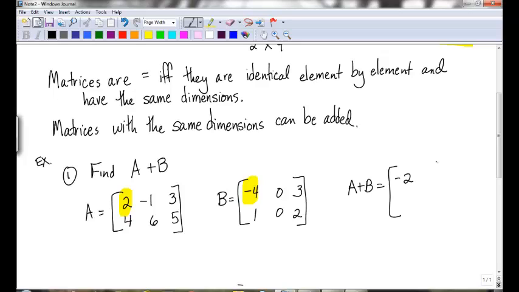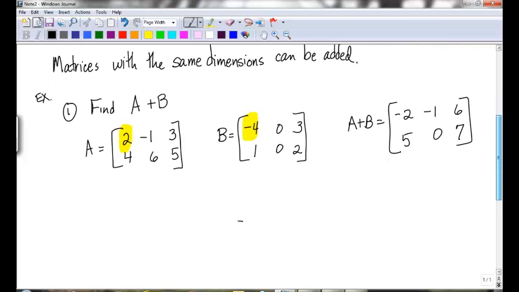First row, second column, so add -1 and 0. That'll be -1. First row, third column, add the 3 and the 3 and get 6. Follow what I'm doing? Just position for position. So the second row you'd get 5, you'd get 0, you'd get 7. So don't do everything the author's doing. Just look at it and add them together. Don't make that hard.